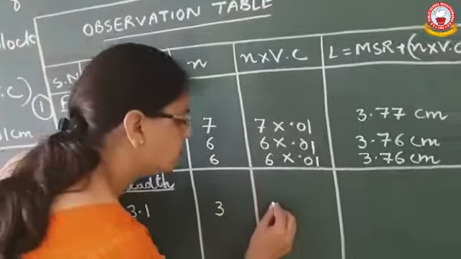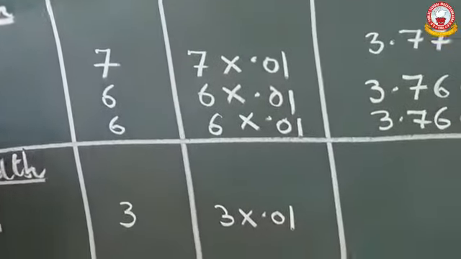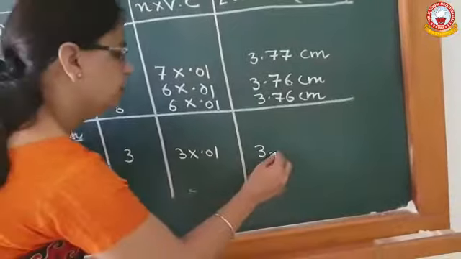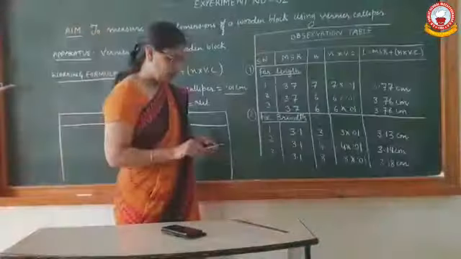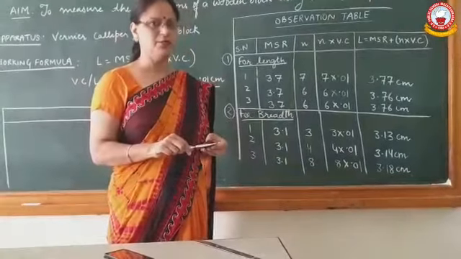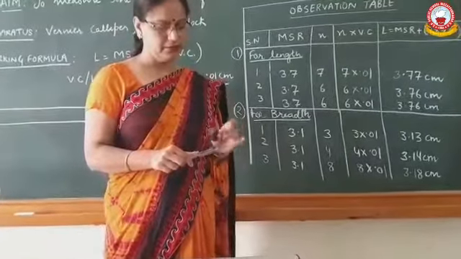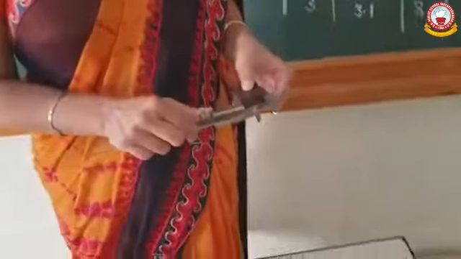multiply by the Vernier constant, then we will obtain the value 3.13 centimeter. Yes, now for taking the second observation and third observation, again we will turn the wooden block from the other face.